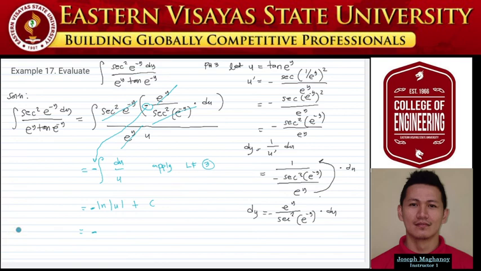So then we recall our value of our u. So final answer is negative ln absolute value of tangent e raised to y plus c. So this is your final answer.